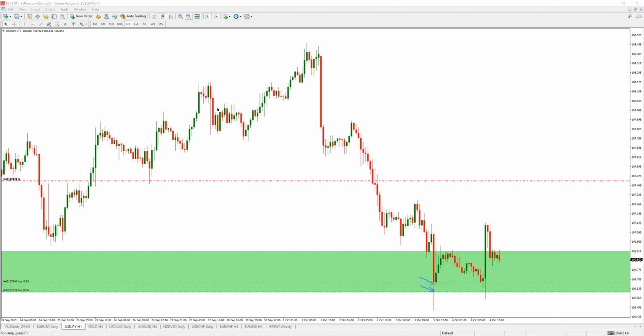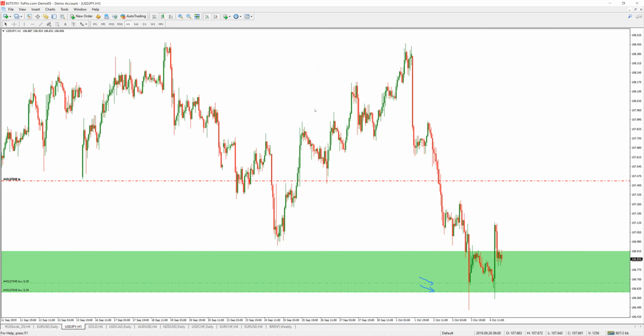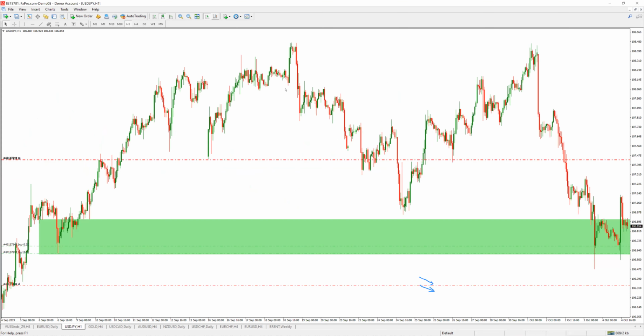I'm trusting this demand zone to hold. I'm expecting buyers to come in, huge institutional traders. They're not going to accept price to keep going all the way down.